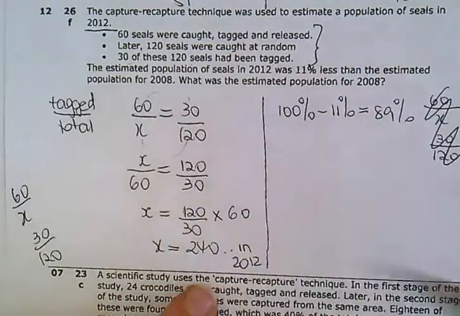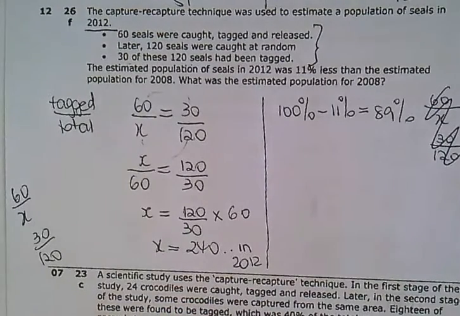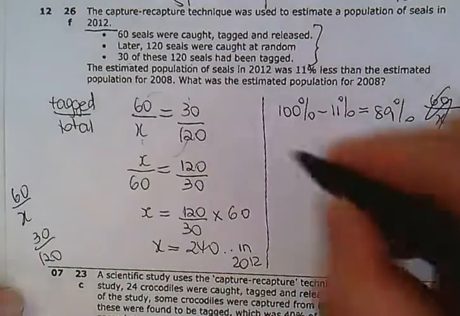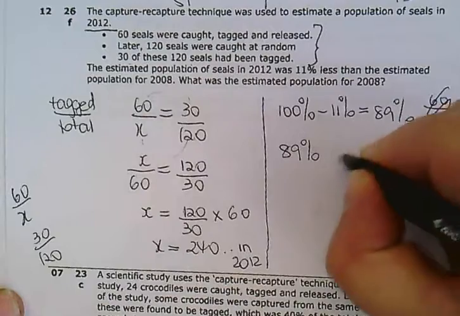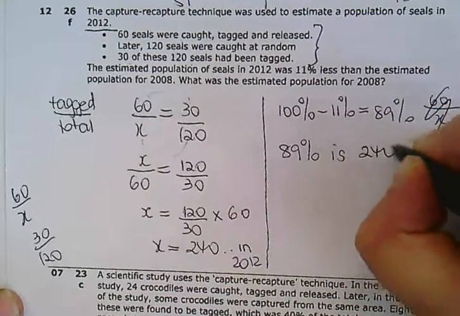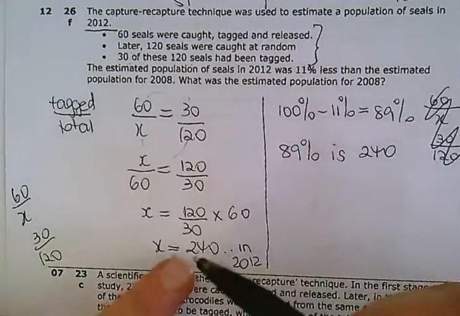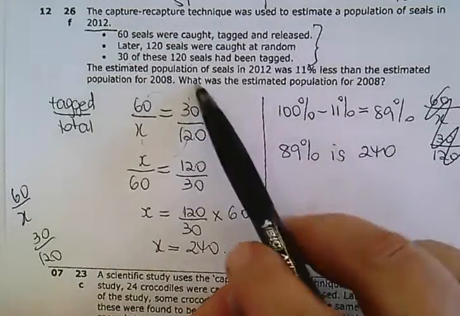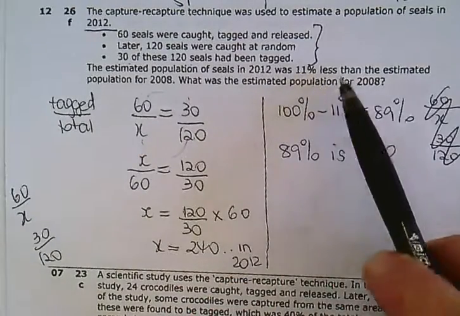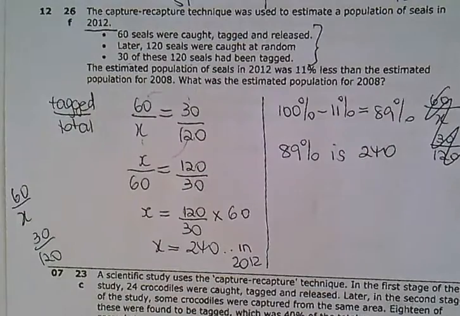So this 240, we're using unitary method, is 89% of the population that there was in 2008. So we say 89% is 240. So this is the estimate in 2012. This estimate is 11% less than what it was in 2008.